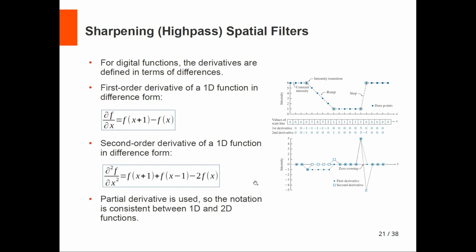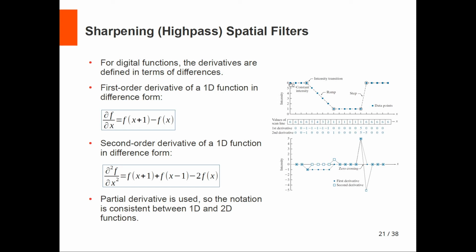And here we use partial derivative because we want to have consistent notation when we go from a one-dimensional to two-dimensional function. So these two are defined here only for one-dimensional function. So let's just see how they perform when we apply them to this one-dimensional curve here.